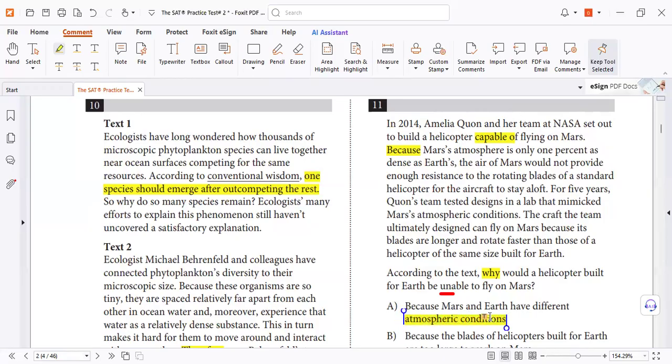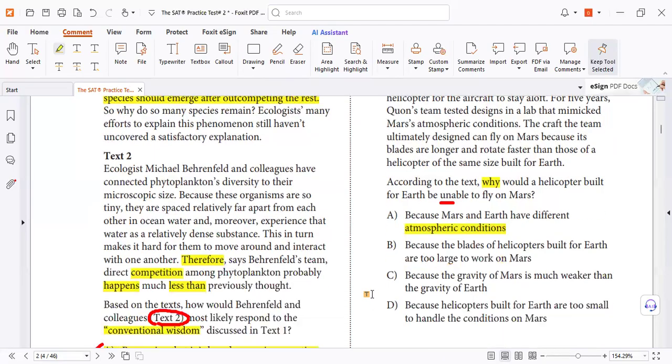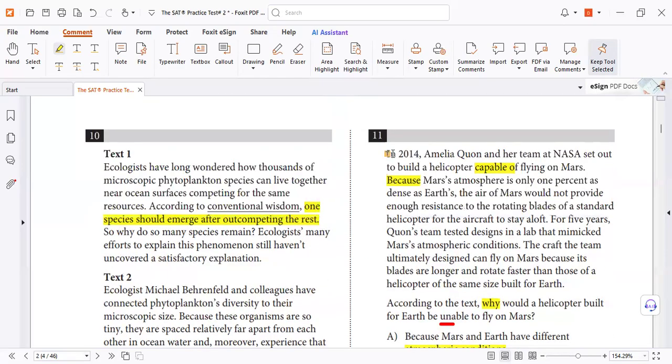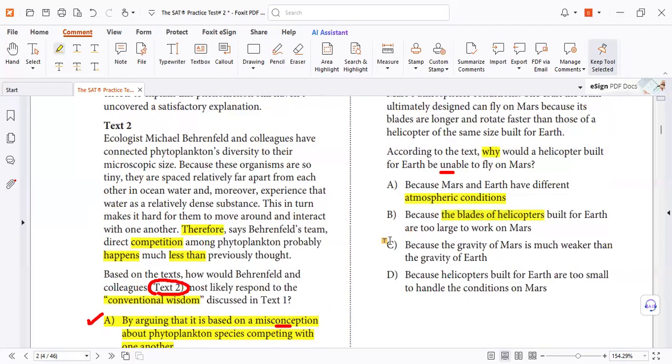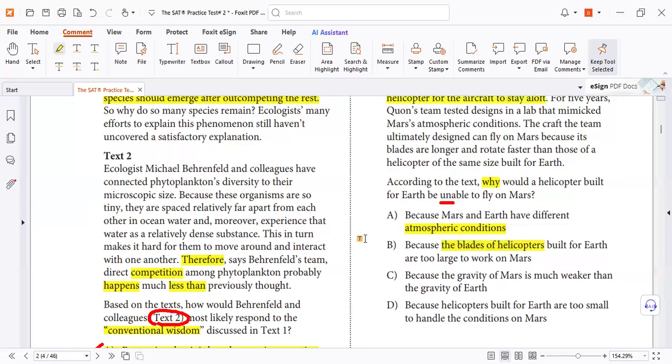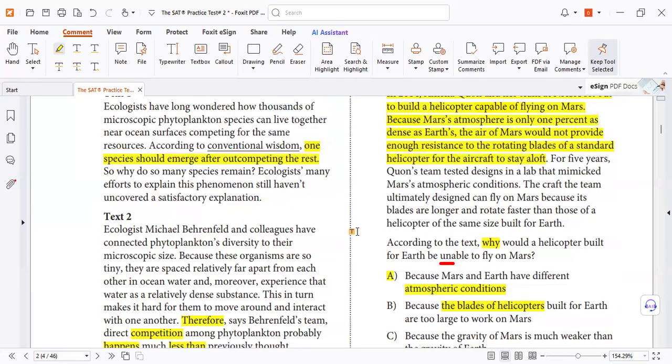The atmospheric conditions. He didn't mention the blades of the helicopter. So your answer must be in this part. That's all. So if you found the reason, you jump quickly to the question. So it's letter A. Found it?